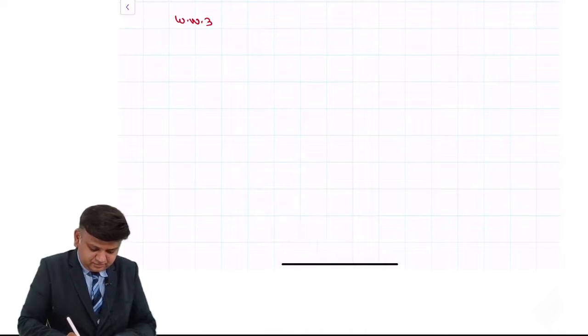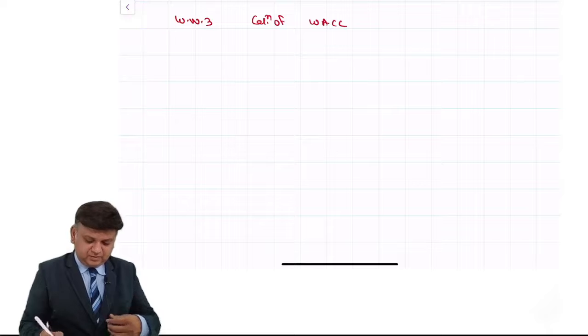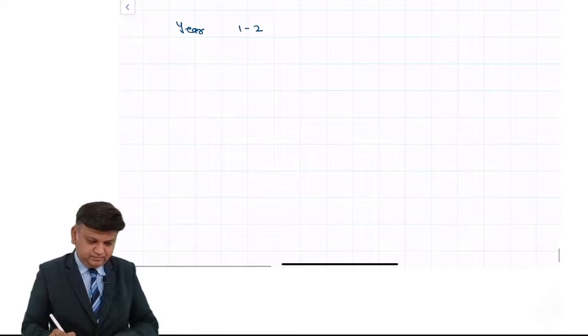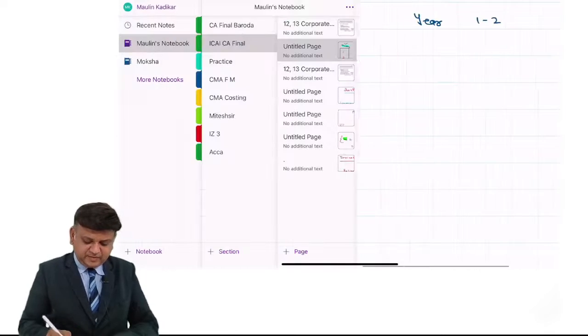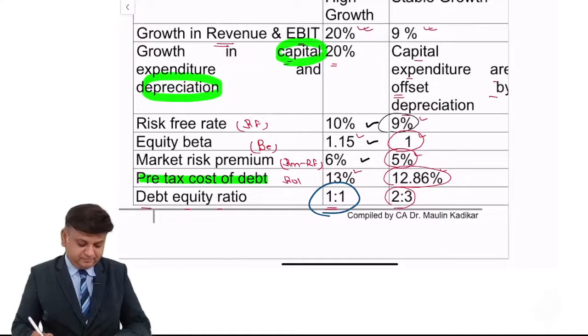Calculation of weighted average cost of capital. In that, for year 1 and year 2, we have been provided with the information about the debt equity ratio 1:1.